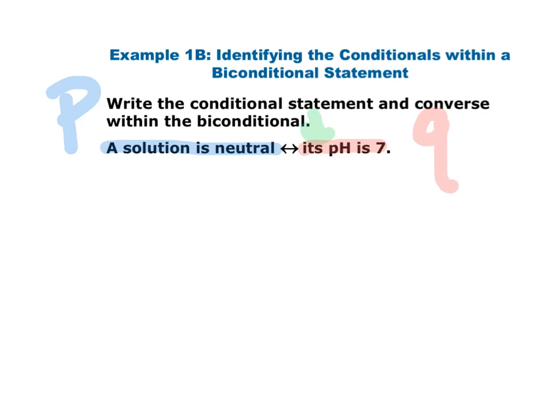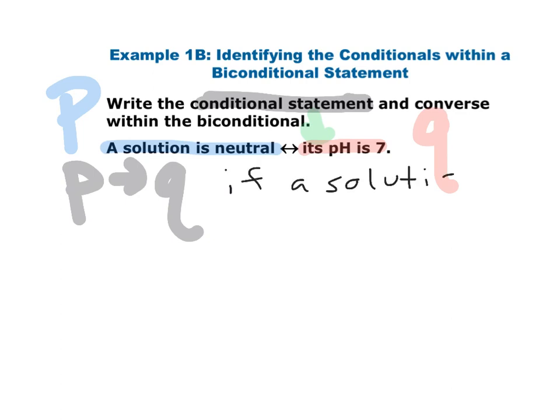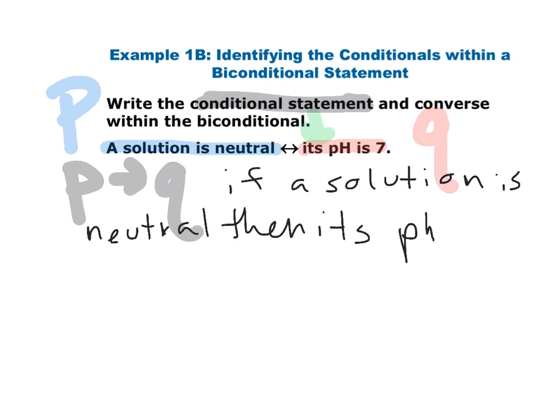That's our Q. So we write the conditional statement as P, then Q. So we'd write this as if a solution is neutral, then its pH is 7. So we're just writing our P, and then we're writing our Q.